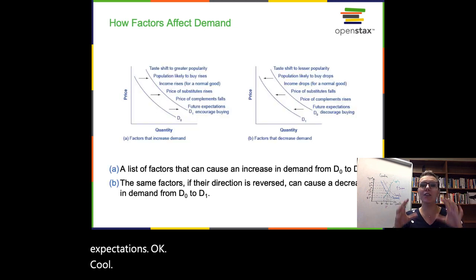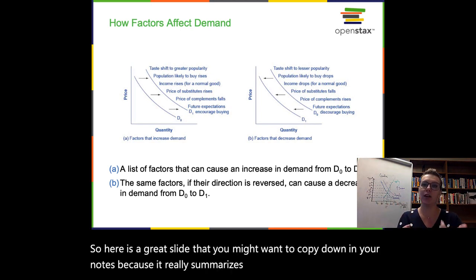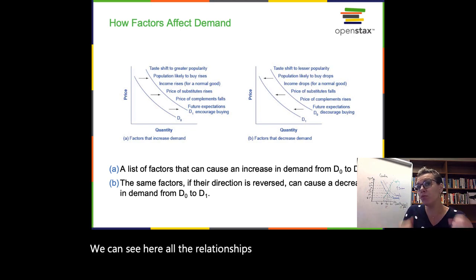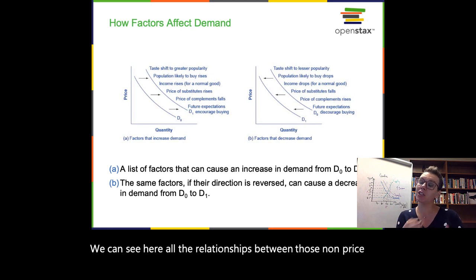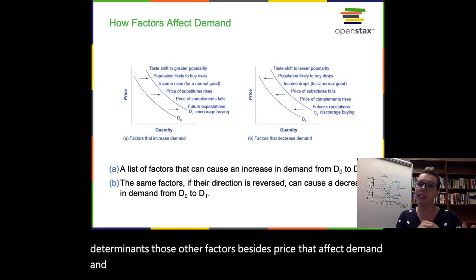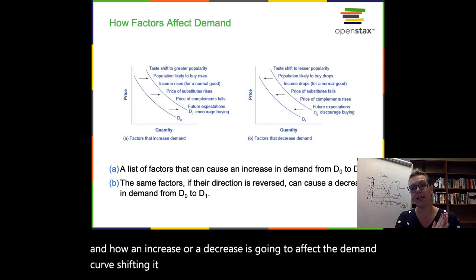So here is a great slide that you might want to copy down in your notes because it really summarizes these relationships, right? We can see here all the relationships between those non-price determinants, those other factors besides price that affect demand, and how an increase or a decrease is going to affect the demand curve, shifting it out or in.